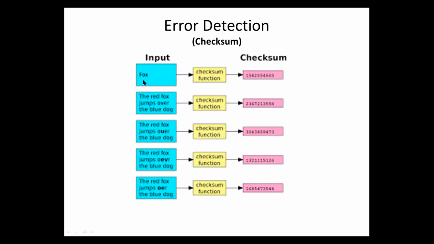So it just adds up the ASCII values of all these figures, determines the checksum, and then when it's received, the receiver does the same calculation and compares the checksums. And if they're both identical, there's a high degree of probability that the data was received as intended from the transmitter.